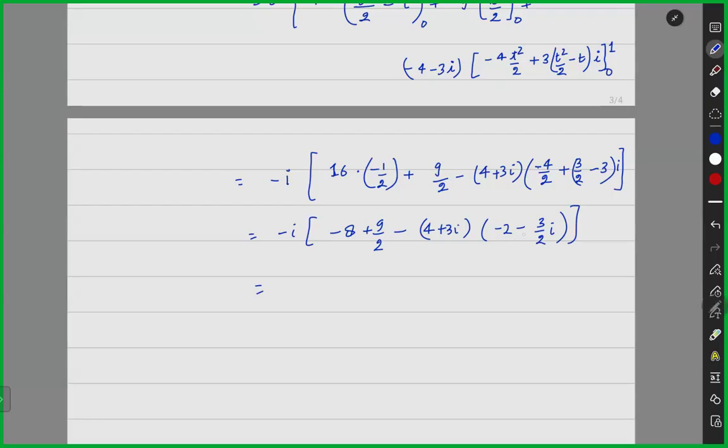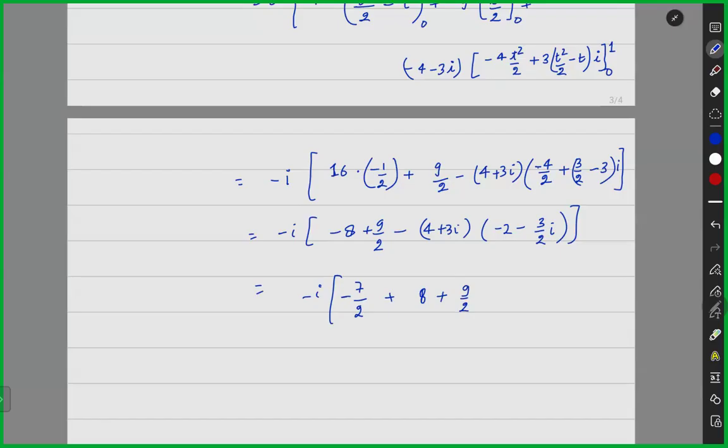Okay, minus from outside the bracket, it becomes plus, and 8 into 2, minus i outside. 16 minus 9, which is 7 by 2 minus 7 by 2, and plus 4 into 2 becomes 8. 3 into 3 by 2 becomes 9 by 2.